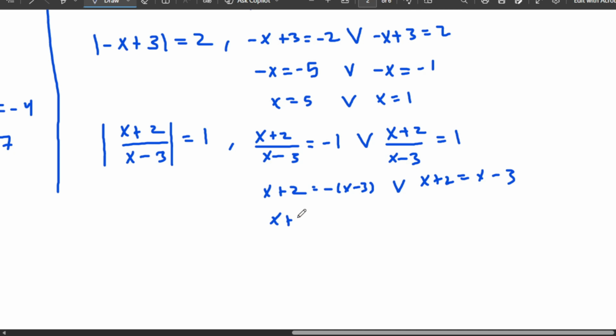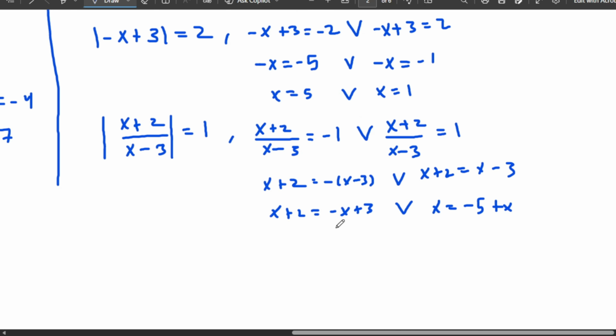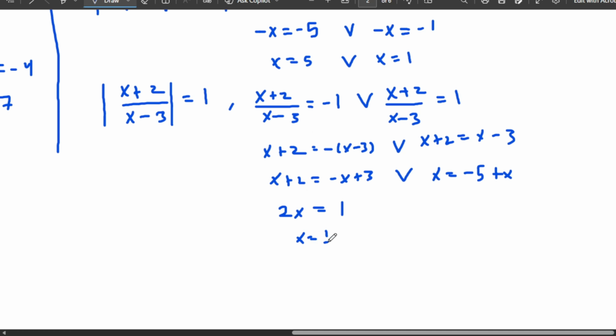We solve this: for the first, 2x equals 1, so x equals a half.